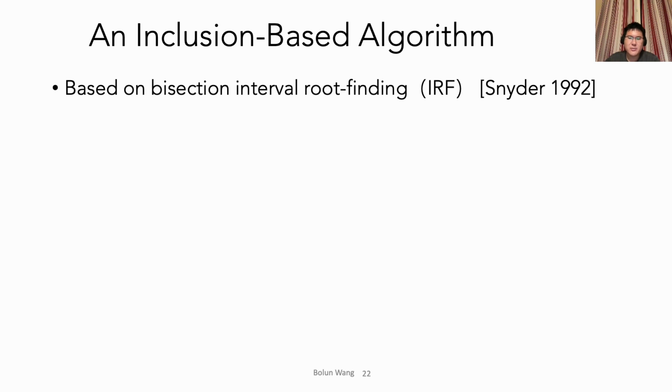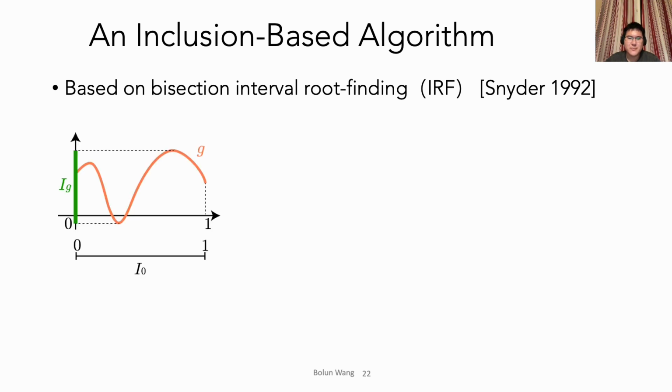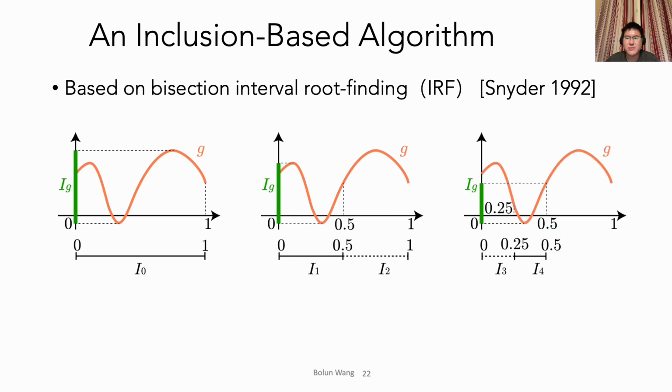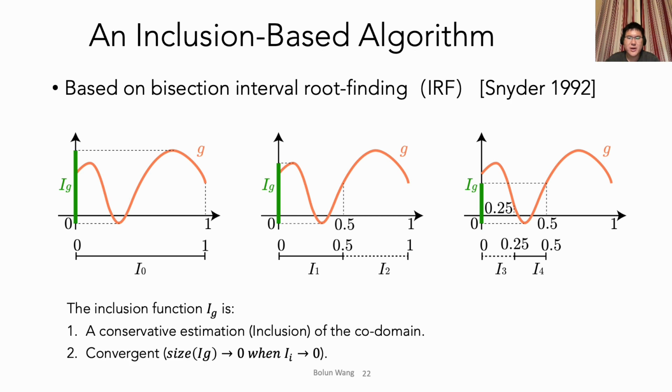Bisection interval root finding method introduced by Schneider is illustrated in the following three figures, which show the first three iterations of the method. The green bar is called inclusion function of the function value g over interval I. Basically, the inclusion function ig is a conservative estimation of the codomain.